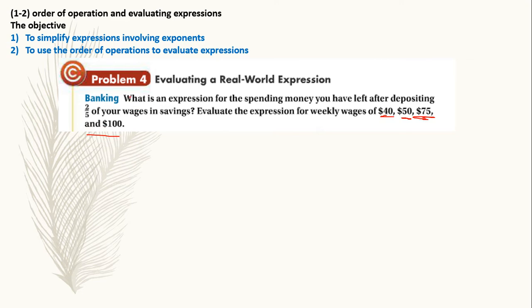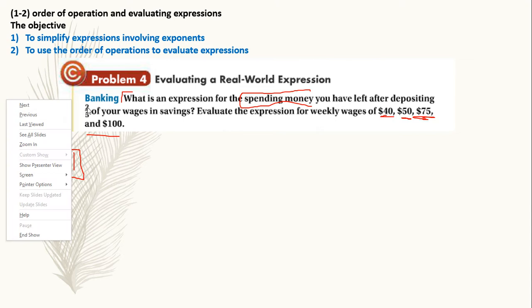So first things first, let's write the expression. Step 1, I'm going to write the expression related to spending money. So spending money you have left after depositing 2/5 of your wages.